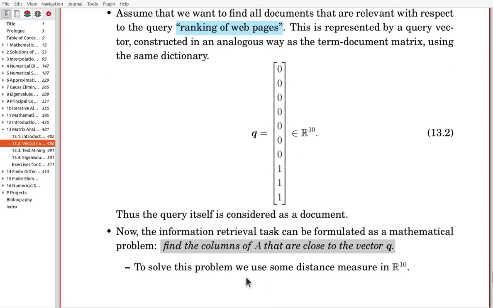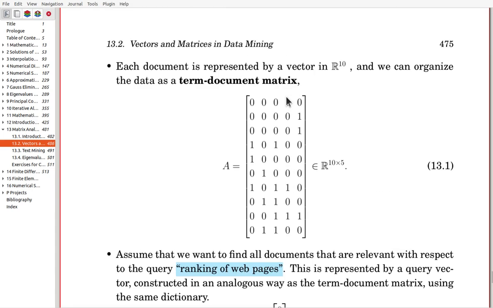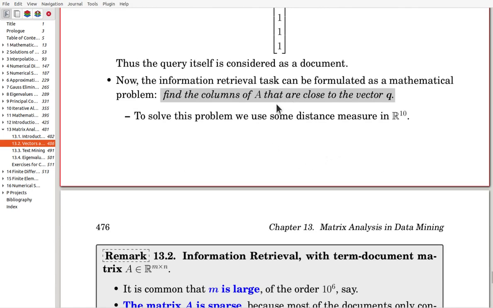Now, the information retrieval task can be formulated as a mathematical problem. The problem is to find the columns of A, the term document matrix, that are close to the vector q.